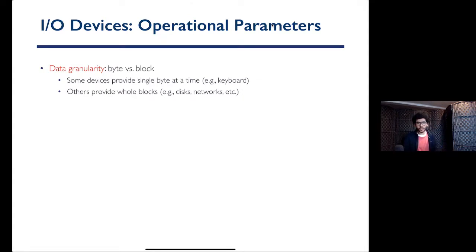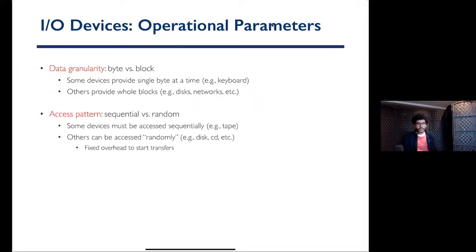The same with your networking. So you create a packet and you talk to your NIC in a granularity that is much more than a single byte. The other thing is the access pattern of your device.